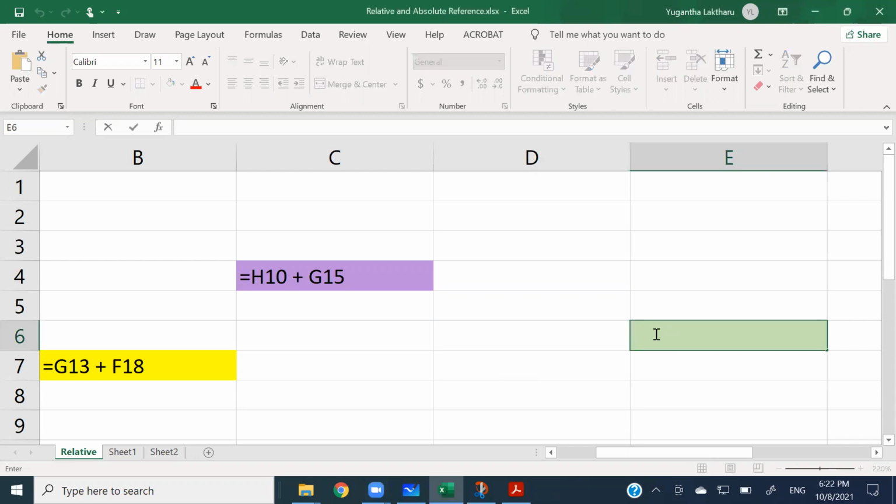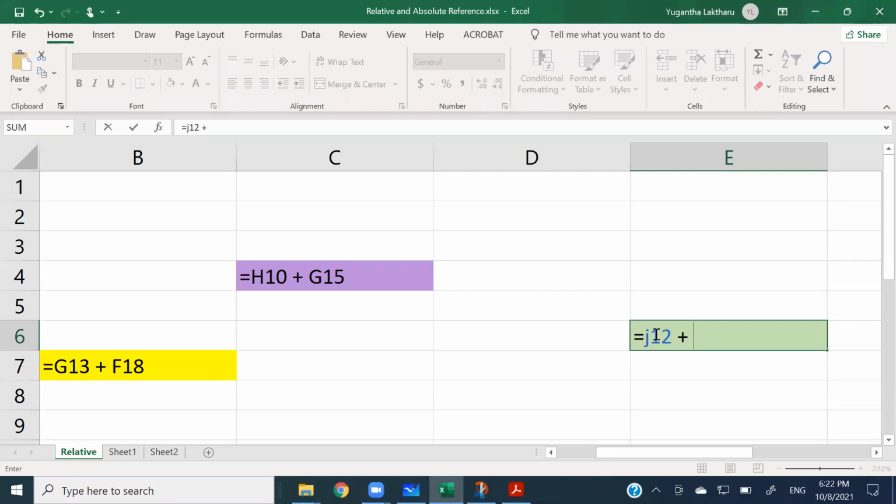If it goes 2 columns, H is going to become I and J, right? So the H in the purple color box is going to become J in the green color box. The 10 is going 2 rows down, so 10 is going to increase to 11 and 12, right? So it's going to become 12.